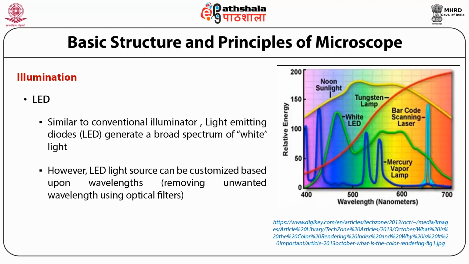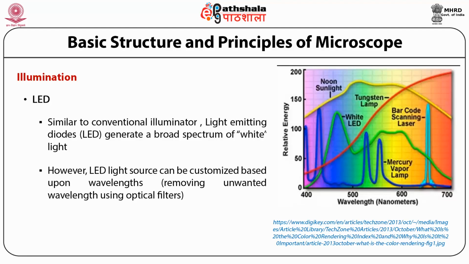We can put a filter in front and make sure that to our system only a specific wavelength is being discharged or given. This is very important in terms of our imaging, in fluorescence imaging in particular, where we don't have to worry about getting an excitation filter before the sample is getting hit by a light.